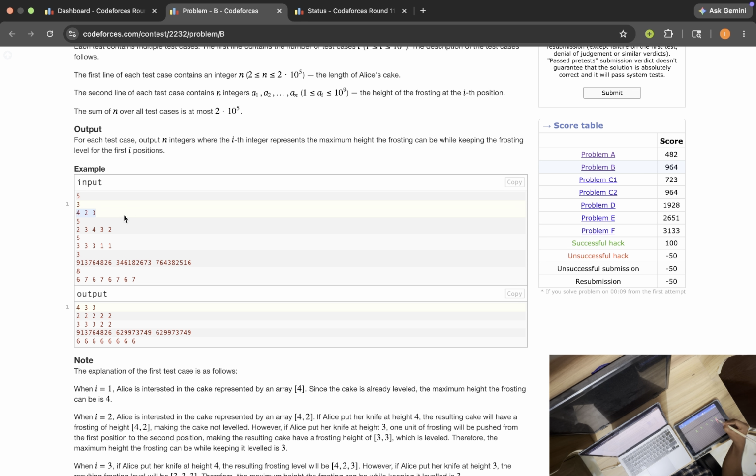So obviously 2, 3 is possible. 4. I don't want to do binary search kind of stuff at this moment. I don't think it's a binary search.